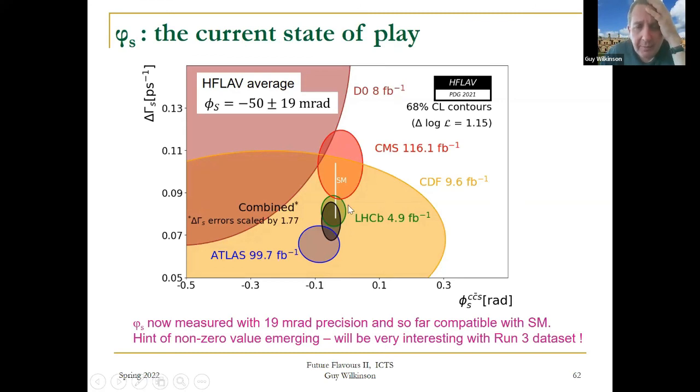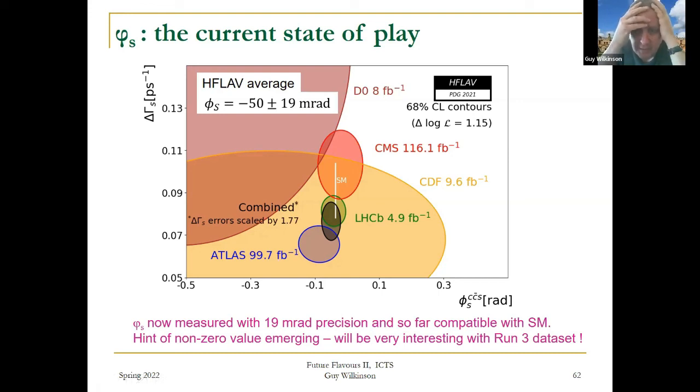And we see that where we are is now shown in this combined gray egg, with all experiments playing a significant role. And we see that phi S is measured to be -50 plus or minus 19 milliradians. So this is a very impressive measurement, and it's compatible with the standard model.